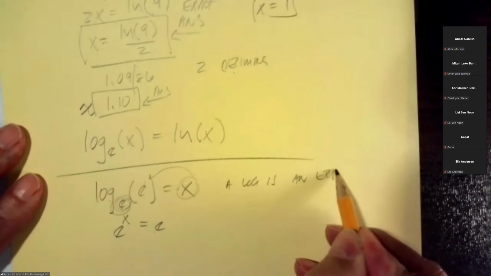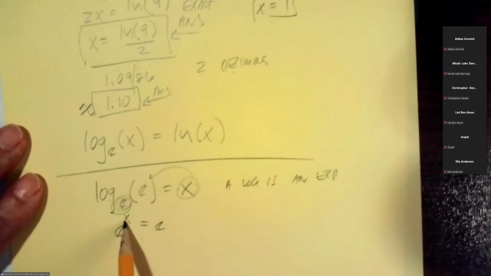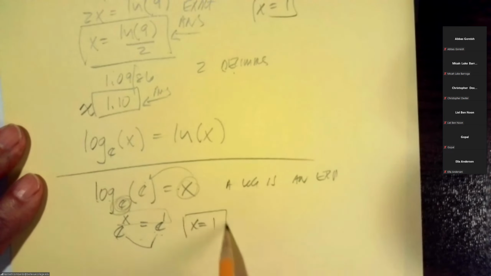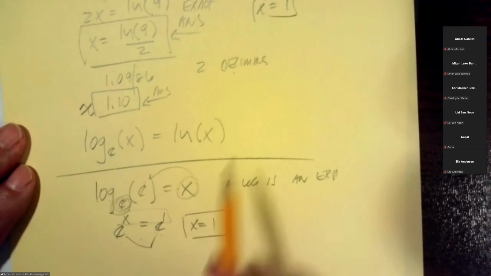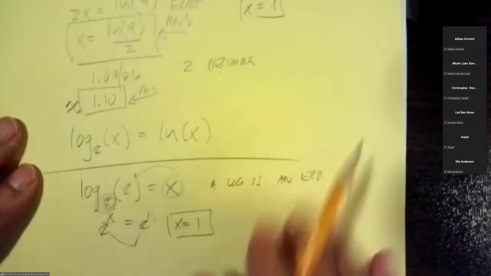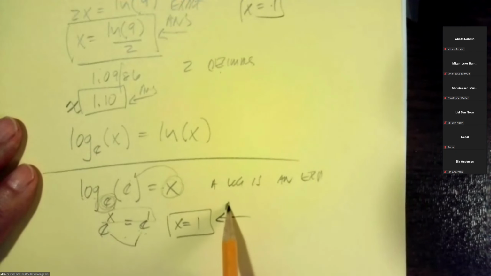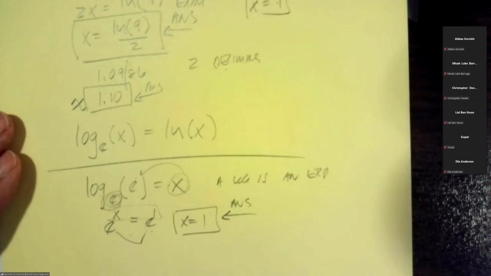And e by itself is really e to the 1, couldn't we say? So with the same base, x equals 1, or we could say e to what power equals e? Well, e to the 1 equals e. So x equals 1 in that case, which is what we did up here. Does that answer your question? Is that okay, or do we need some more examples?